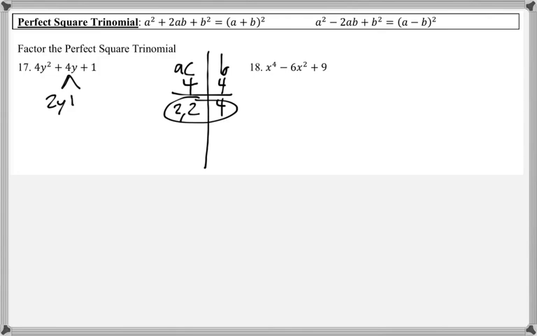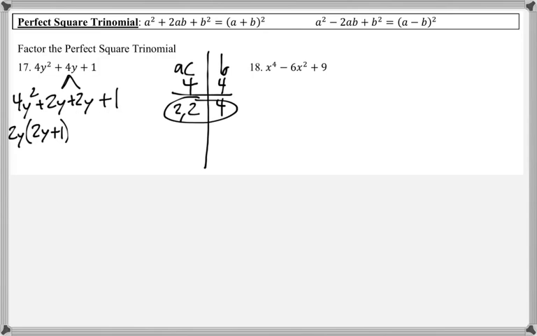So I need to put a plus, and then 4y squared, and then plus 1. Out of the first two terms I can factor out a 2y, leaving me with 2y plus 1. And I have a 2y plus 1 here, and a 2y plus 1 here.